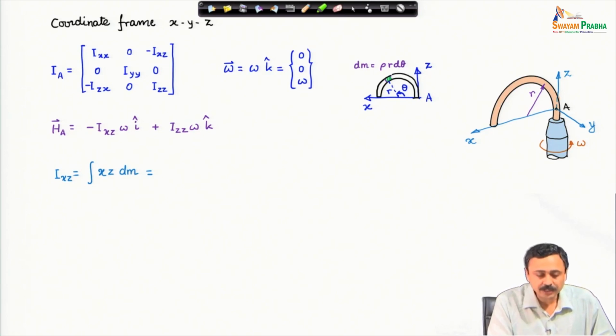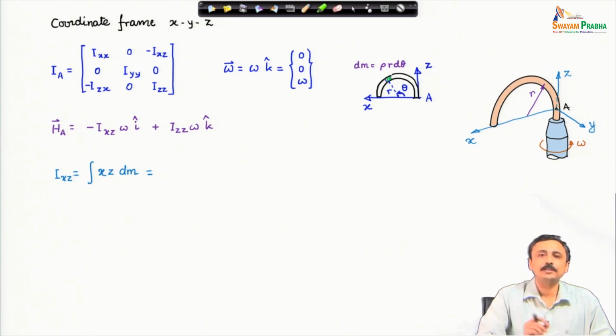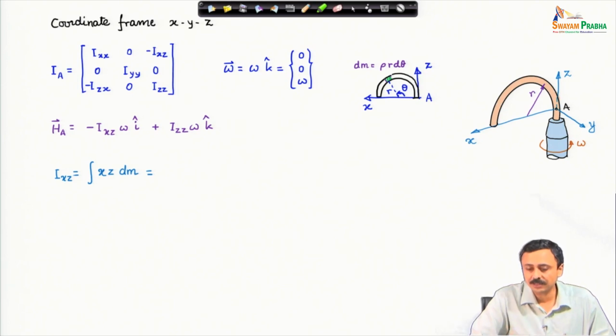Now, the product of inertia I x z is the integral of x z dm. What is dm? It is the mass of this little element. I consider rho as the mass per unit length of this uniform rod, and r d theta is the little length of this element, therefore rho r d theta is dm.